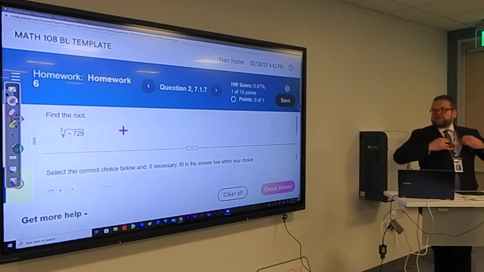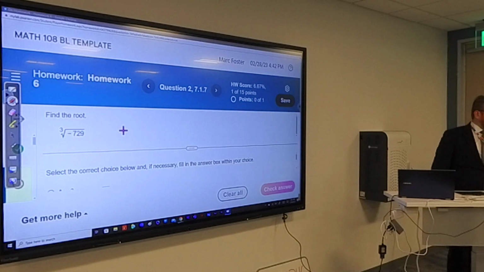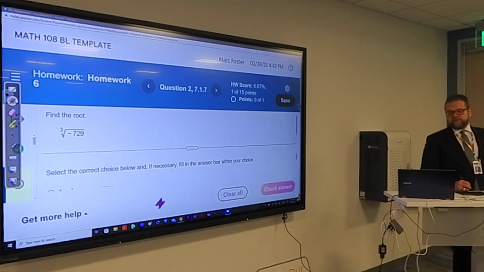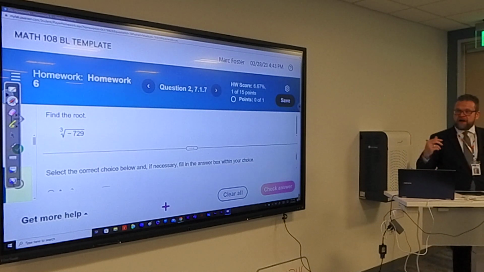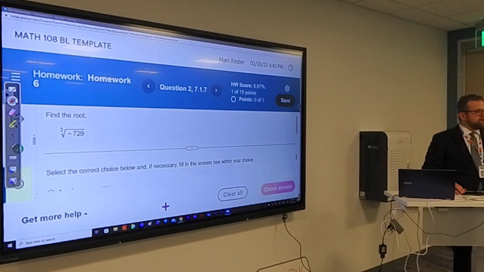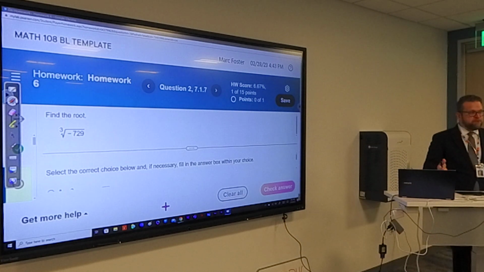It's only divisible by 6 if it's even, and divisible by 3. But that rule about being divisible by 3 also works for 9. If the sum of the digits are divisible by 9, then so is the number. If the sum of the digits are divisible by 3, then so is the number. So this number, 729, is divisible by both 3 and 9.